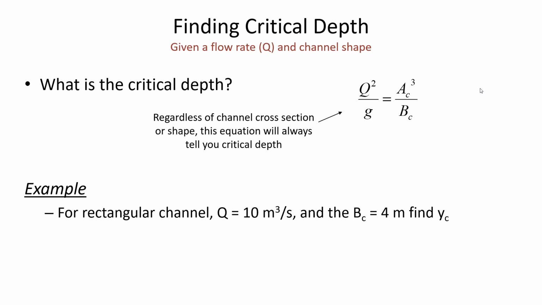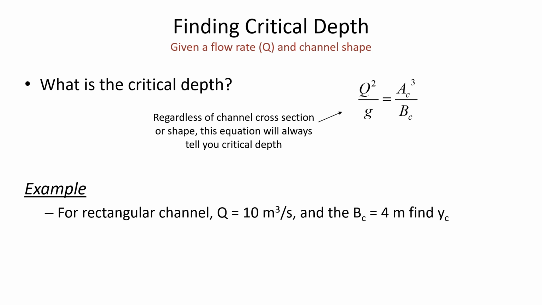So we could use this formula to find the critical depth. Area when conditions are critical, A sub c, is going to be 4 times yc. So 4 is the width, and yc is the unknown critical depth. That gives us the area when conditions are critical. B sub c is the top width when conditions are critical. And here, the top width stays the same regardless of whether it's critical or not. It's 4 meters.